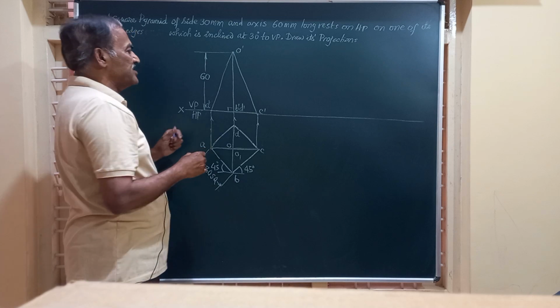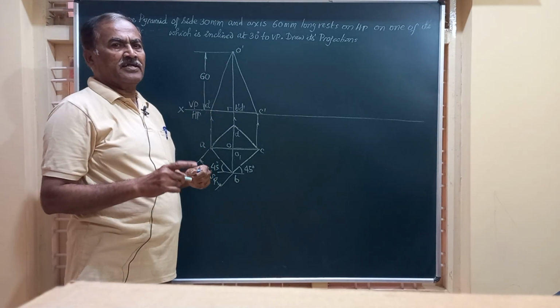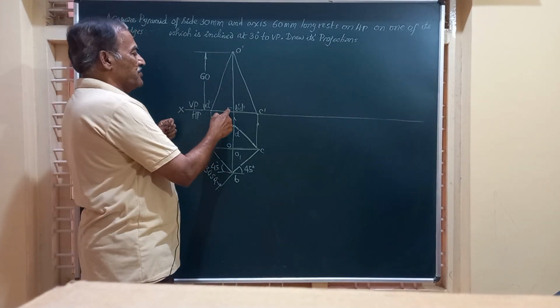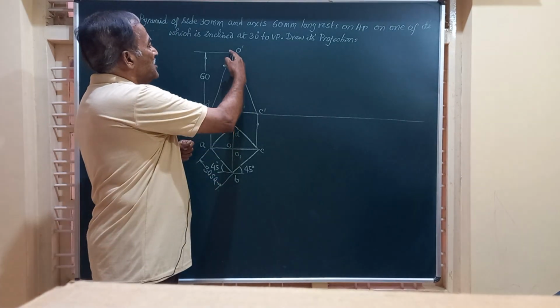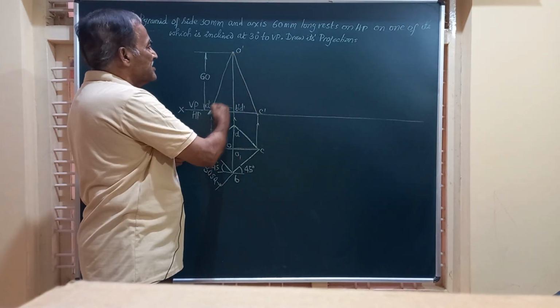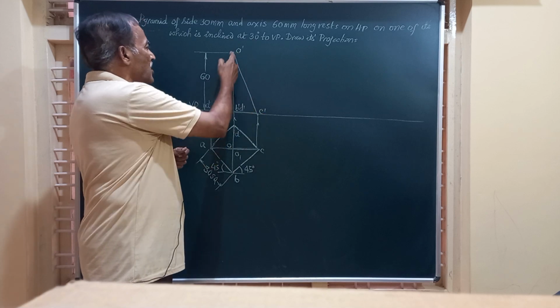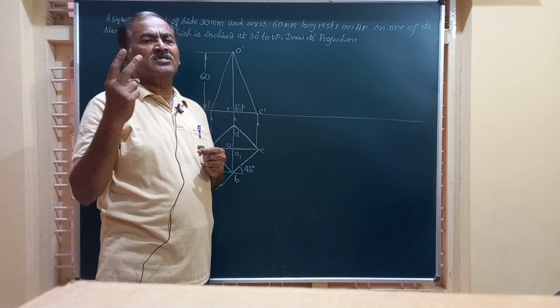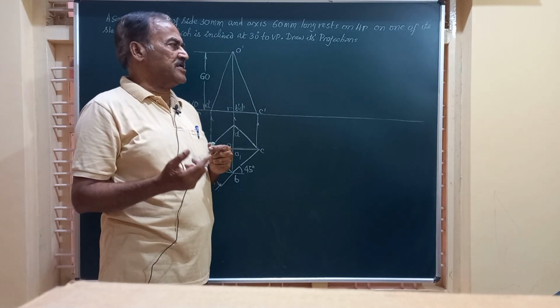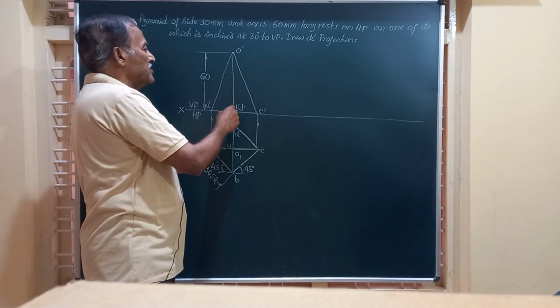And you find, friends, that the axis of the solid is perpendicular to HP. I have shown here. And in the front view, the last lines, namely O dash C dash and O dash A dash, represent the slant edges, two slant edges. There are two more, OB and OD.